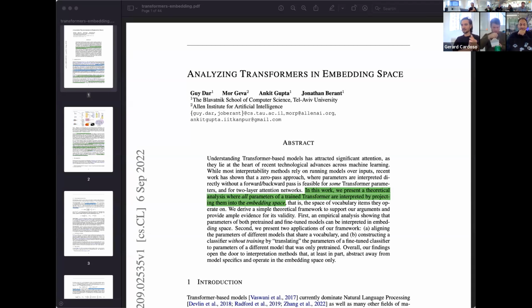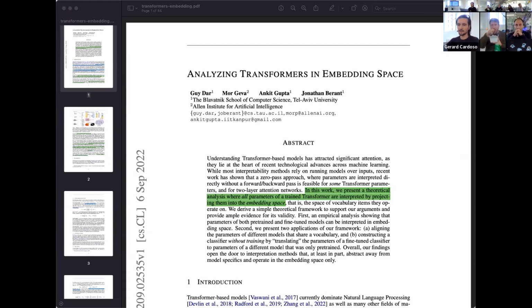But secondly, I thought it presented quite an interesting perspective on how to interpret what transformers are doing, and presents this generalized framework for mapping the parameters that are being learned in transformers to the embedding space, where we can make interpretations about what kind of relationships transformers are learning and what they are doing under the hood.